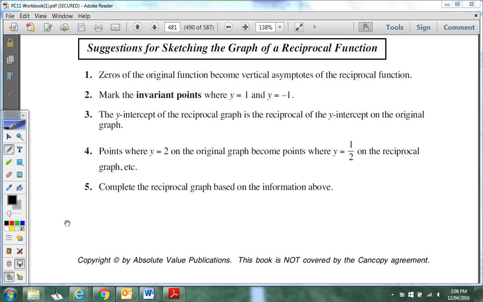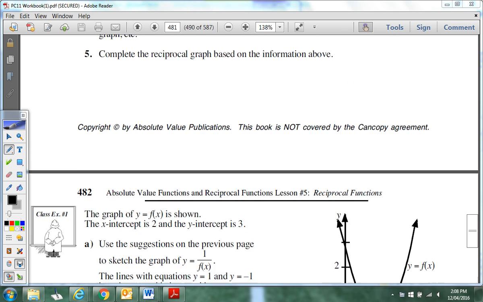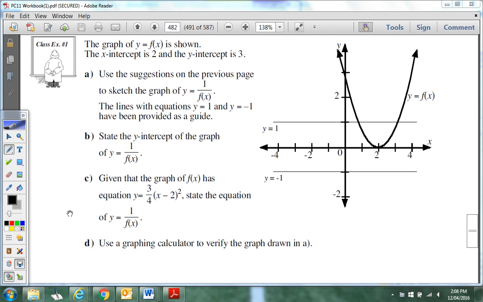Mark the invariant points where they share. The y-intercept of the reciprocal graph is the reciprocal of the y-intercept on the original graph. So you can just take the y-intercept and flip it for the reciprocal. Points where y equals 2 on the original graph become 1/2, etc. And then complete the reciprocal graph based on the information above. So right here's kind of 4 main points that you can do to make your graph. All right, let's get to it now.